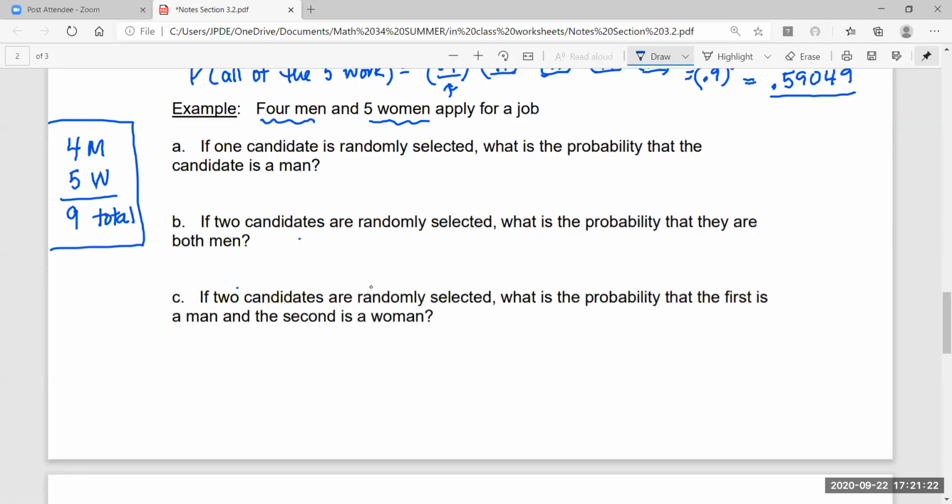So the first one says, 1 candidate is randomly selected. So again, I'm thinking of like this big hat with these 9 people in here, and I'm going to pick 1 out. So just like the names in a hat thing. What's the probability that I choose a man?